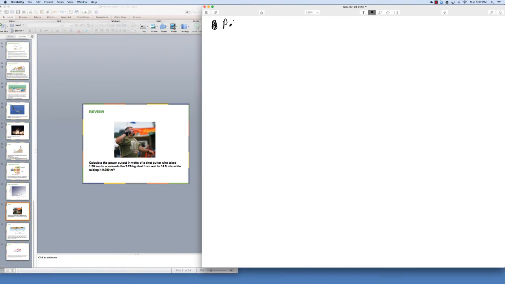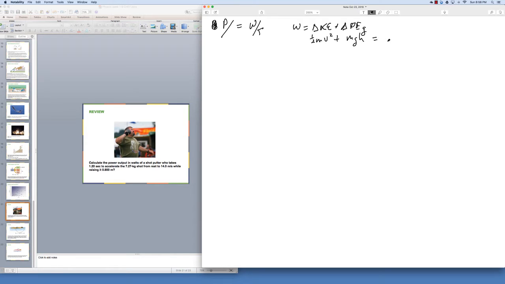P is equal to work divided by time. So in order to calculate the work, we have to calculate the change in kinetic energy plus the change in gravitational potential energy. And this is mgh, and this is 1/2 mv squared.